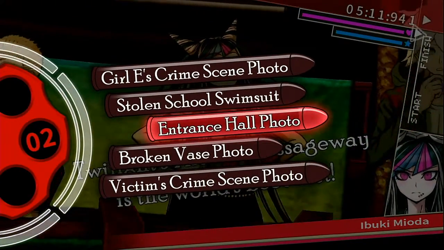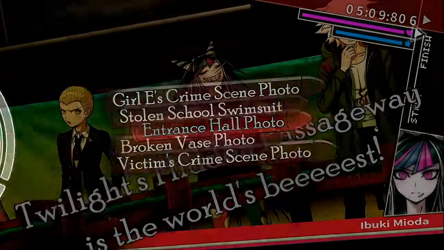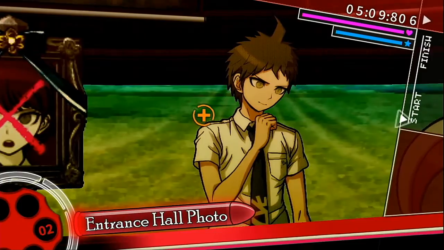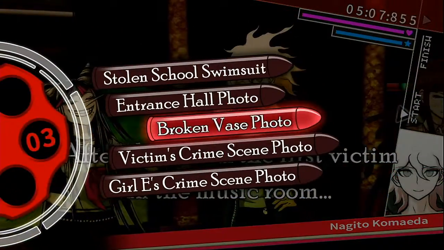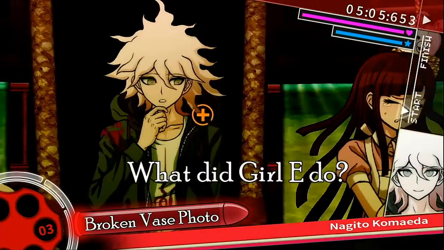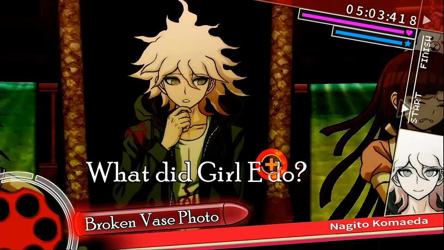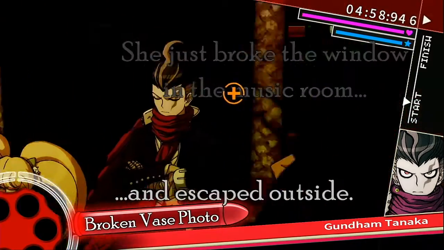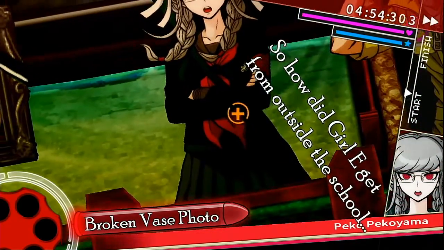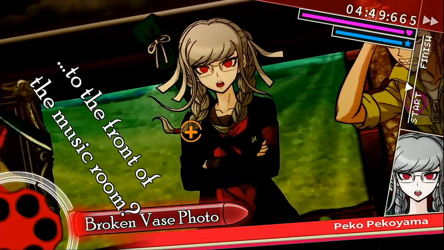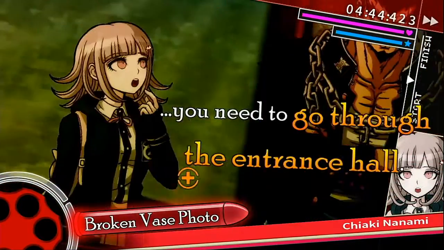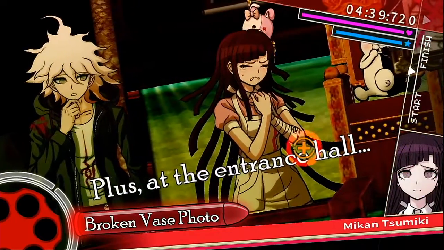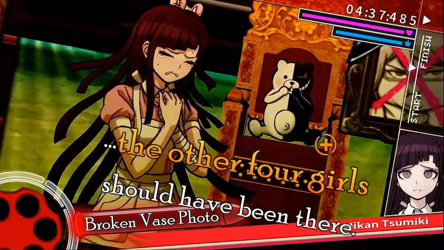Twilight's hidden passageway is the world's best! After she killed the first victim in the music room, what did Girl E do? She just broke the window in the music room and escaped outside. So how did Girl E get from outside to the front of the music room? To go back to the music room, you need to go through the entrance hall. Plus, at the entrance hall, the other four girls should have been there.